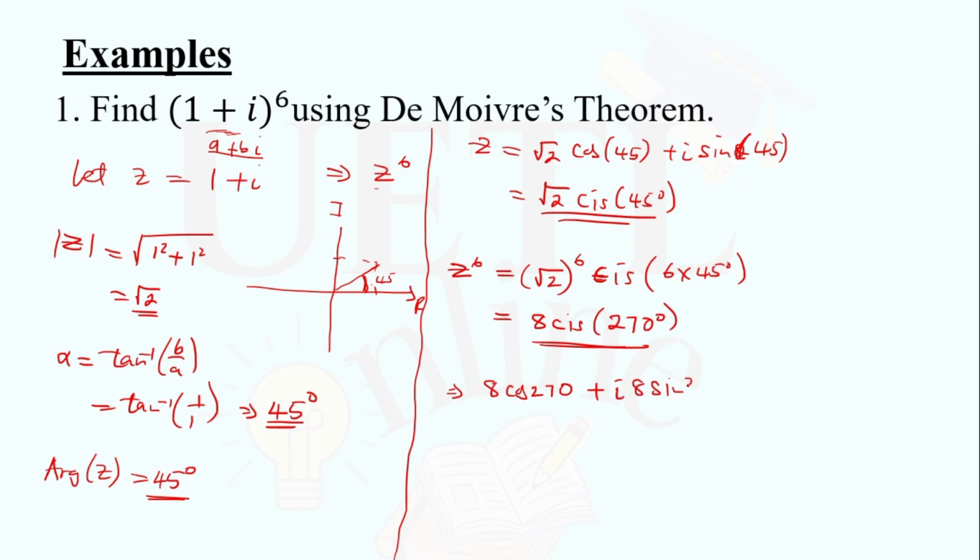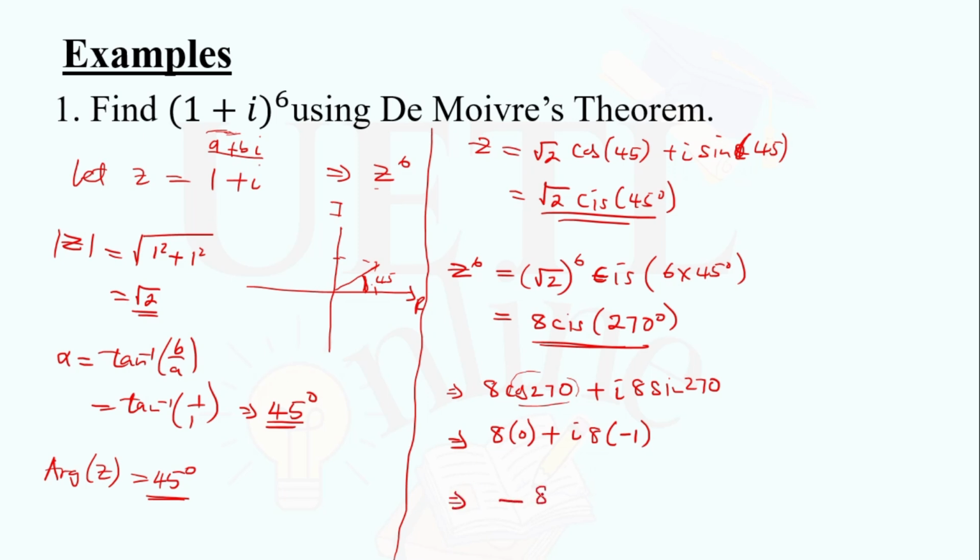Cos 270 is equal to 0, so it becomes 8 multiplied by 0, plus i times 8 sine 270, and sine 270 is minus 1. If you multiply here, you get 0, and here you get minus 8i. So our answer is minus 8i.